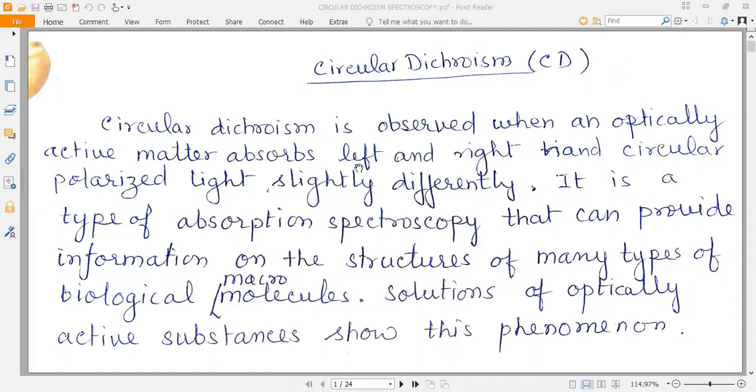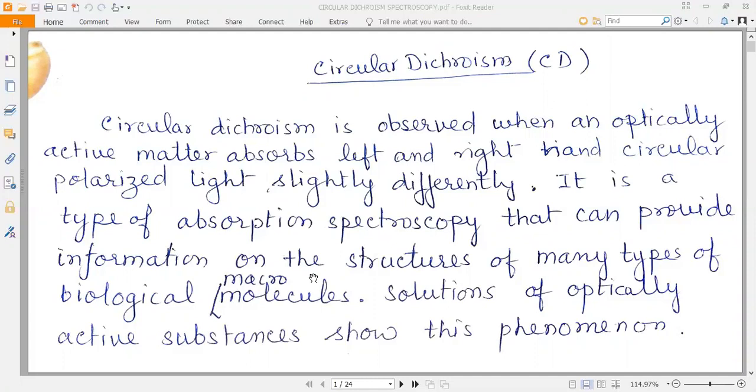That is, the absorption of left and right handed circular polarized light differs in their absorption by a substance. It is a type of absorption spectroscopy that can provide information on the structures of many types of biological macromolecules.